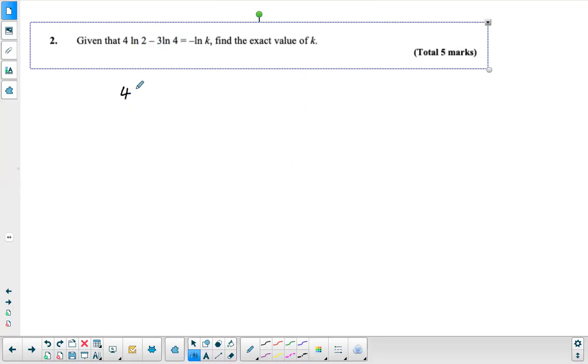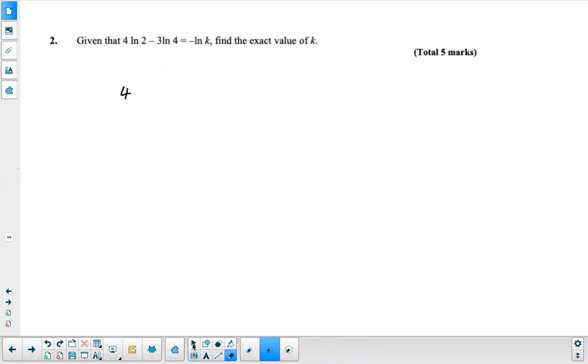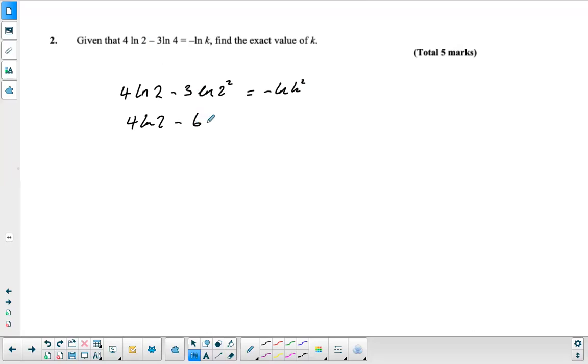So I'm going to rewrite the equation as 4 ln 2 minus 3 times ln 2 squared. 4 is 2 squared, which allows me to take this power outside the logarithm, giving me 4 ln 2 minus 6 ln 2 is equal to minus ln k, and I have no idea why I wrote that as a k squared up there.